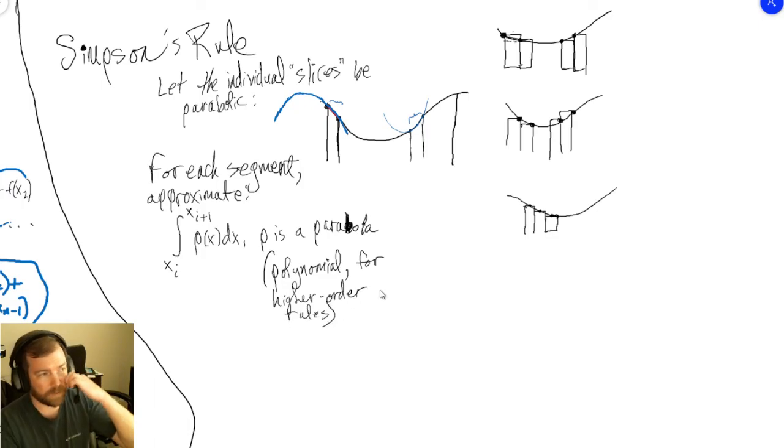I don't personally mess with any of that, but in theory, you could do a higher order Simpson's rule and do something with a cubic or a quartic polynomial instead of just a parabola. But this gets really big really quickly; if you start adding terms, it's going to just keep expanding out.